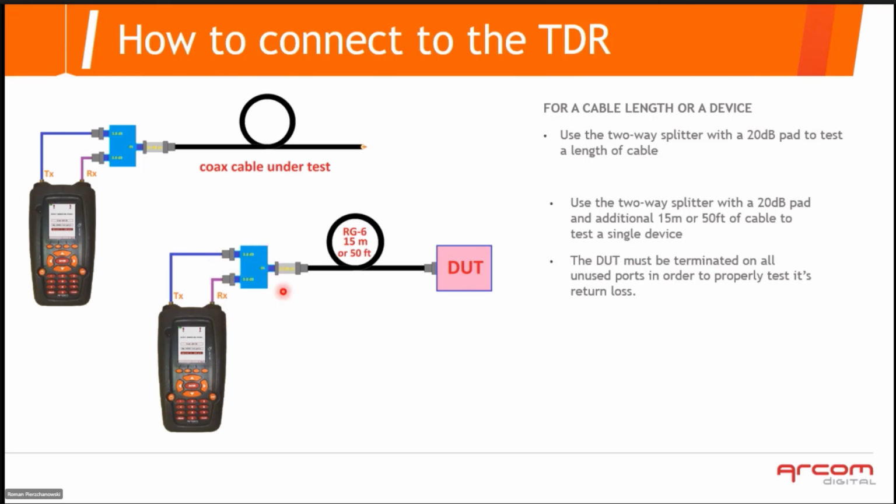It will be always 0 here. So we can test the device. When testing the single device, remember that all the other ports on this device must be terminated. Otherwise, return loss readings will show poor return loss. It's one of the reasons why all the passives should be terminated.